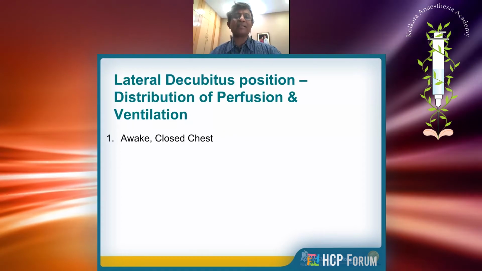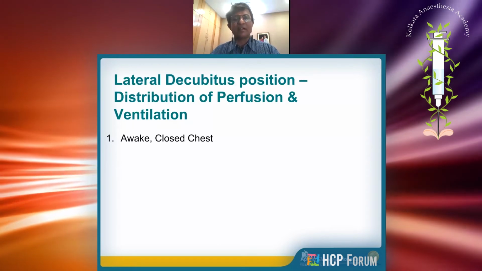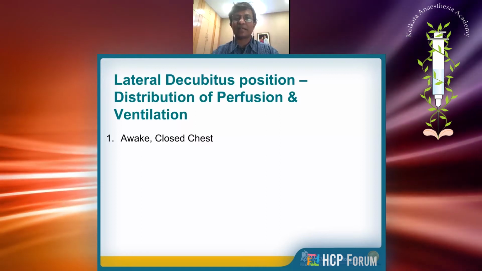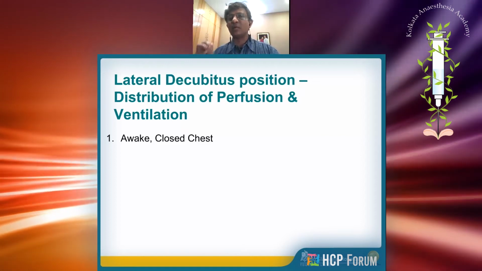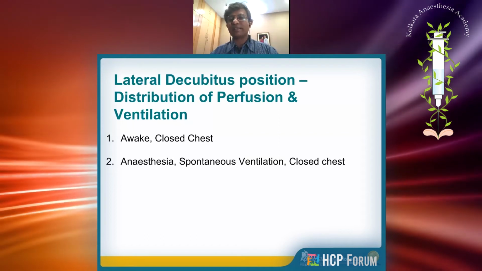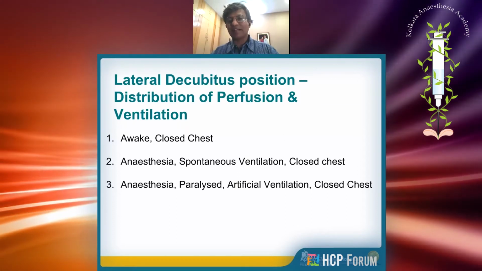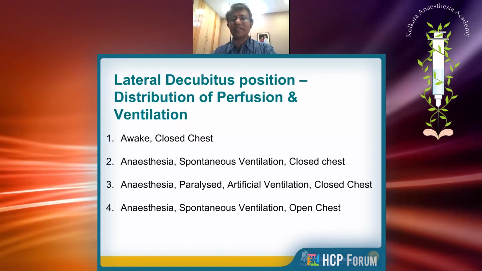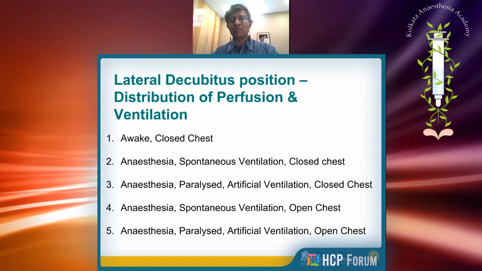We'll break it up, and this is nothing that I have done. This is classically described by Pete Slinger and Benumov, and it looks first at what happens with the lateral decubitus position, changes in perfusion, changes in ventilation when the person is awake with a closed chest, then anesthetized, spontaneously breathing with a closed chest, anesthetized, paralyzed, artificial ventilation on a closed chest, anesthetized, spontaneously breathing with an open chest, and finally anesthetized, paralyzed, artificially ventilating with an open chest.